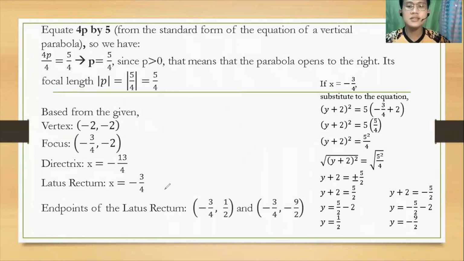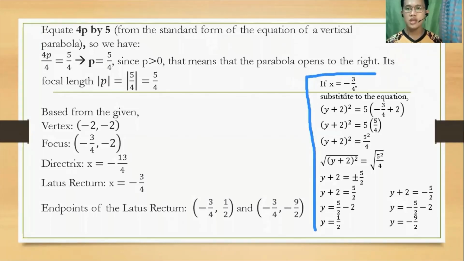Now, for the latus rectum, so basically you're going to base the latus rectum from your focus. Since this is a vertical parabola, you need to check the x value. So the x value here is -3/4. Therefore, our latus rectum will pass through x, which is equal to -3/4. And in solving for the ends of the latus rectum, all you need to do there is to look at the detailed solution here.